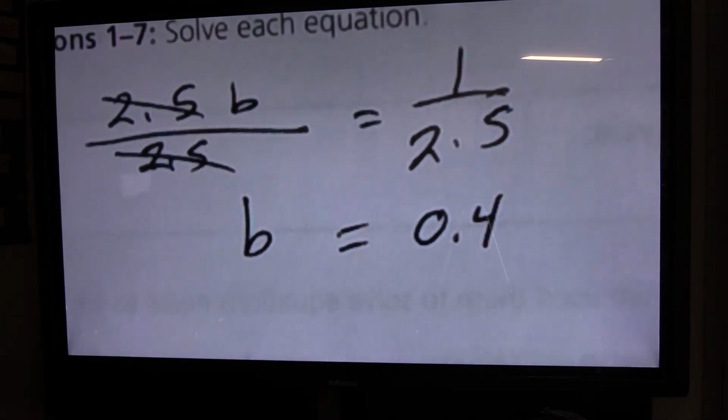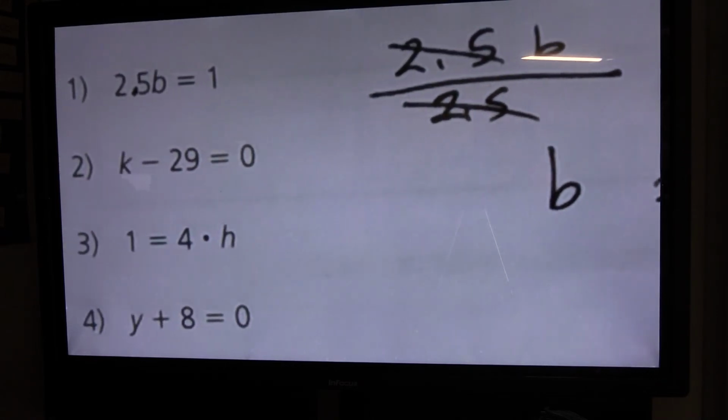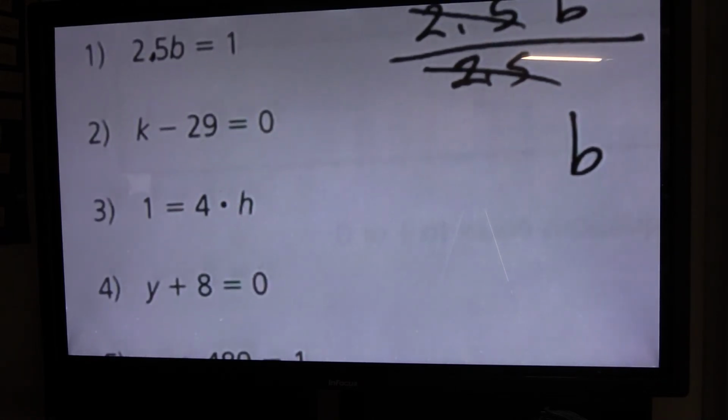Let's look at another one. Let's look at number 2. Okay, here we have k subtract 29 equals 0. What is our operation in that equation? All right, Brandon Neely. That would be subtraction. What is the inverse operation of subtraction? All right, Madison. Addition.